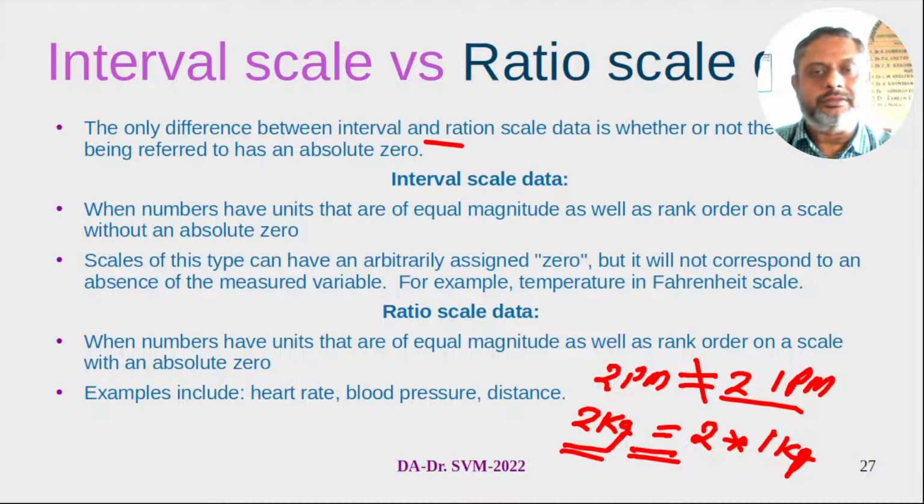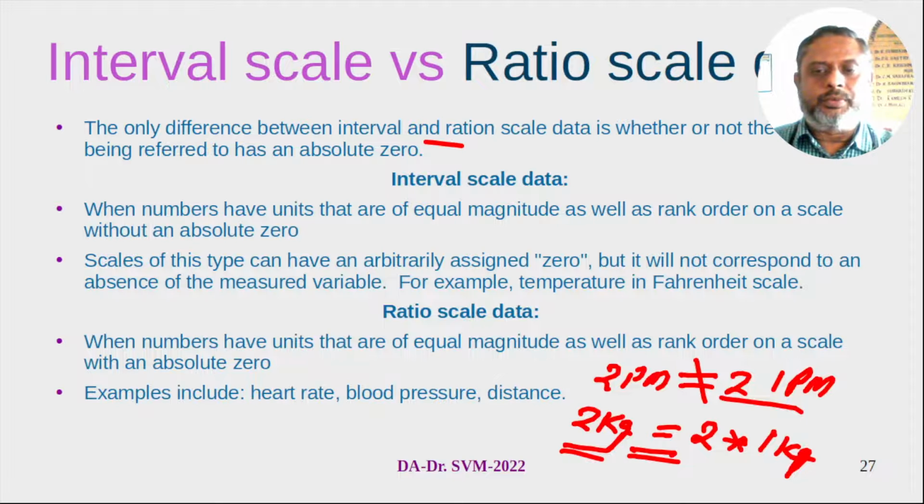So the major difference: both interval scale and ratio scale, first thing, they are measurable. Second thing, they are ordered. Yes, 1 p.m. comes before 2 p.m., 1 kg comes before 2 kg. Yes, there is order. But in the interval there is no concept of zero, which means that you can't talk about multiplication and all.